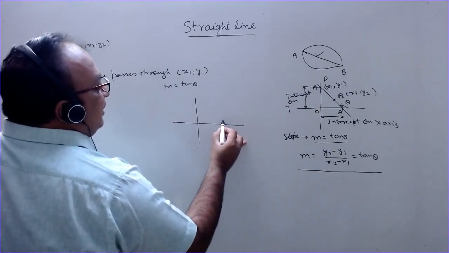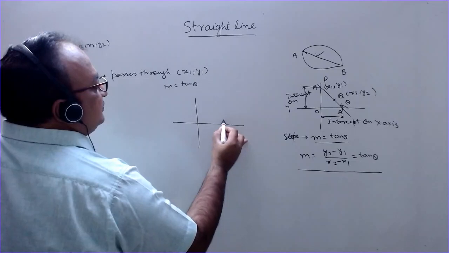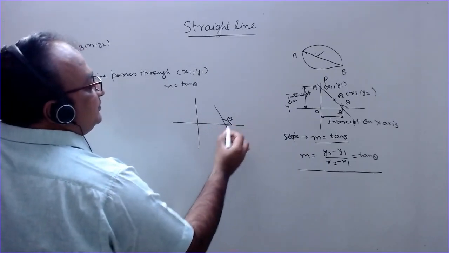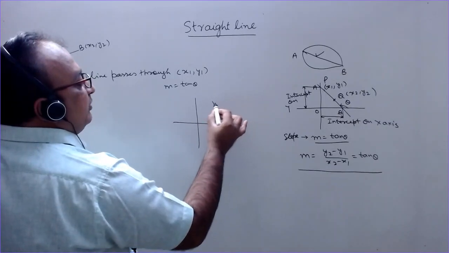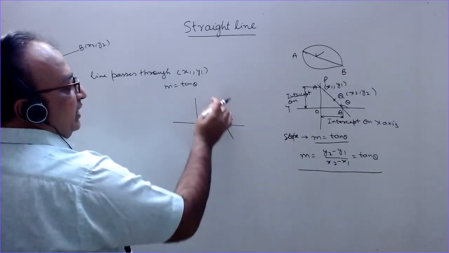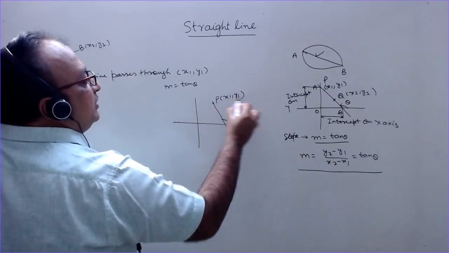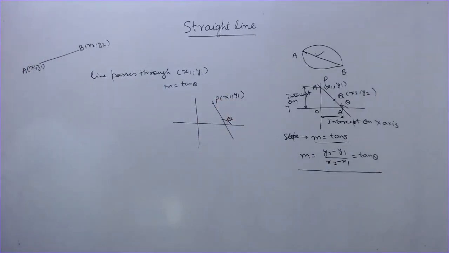So the angle made with this, that is theta, this is the angle theta, and this is the line. So the line is passing through a given point which may be lying anywhere. It can be anywhere, P, x1, y1, and you have to find the equation of this line.